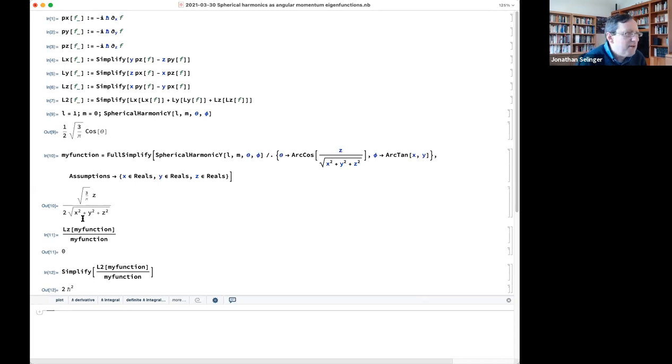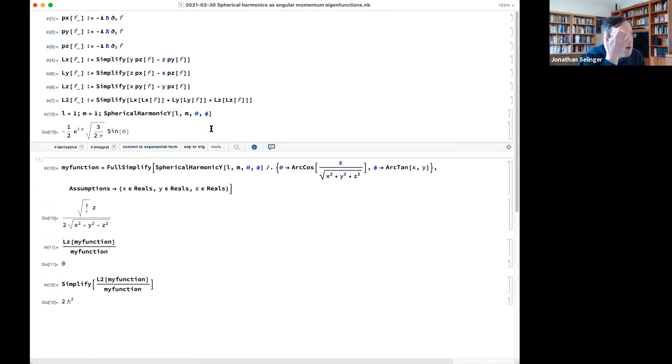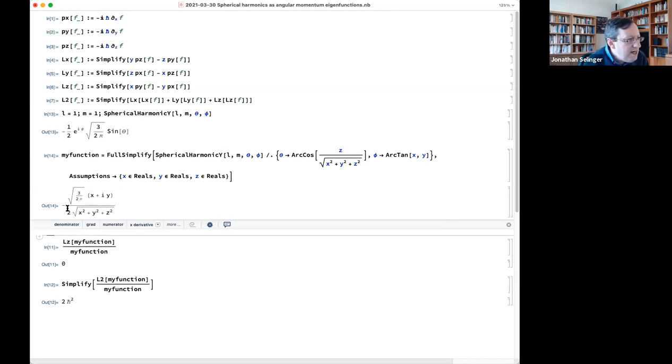What about if I put in L equals 1, M equals 1? Here's the spherical harmonic in spherical coordinates. Here is the spherical harmonic in Cartesian coordinates.